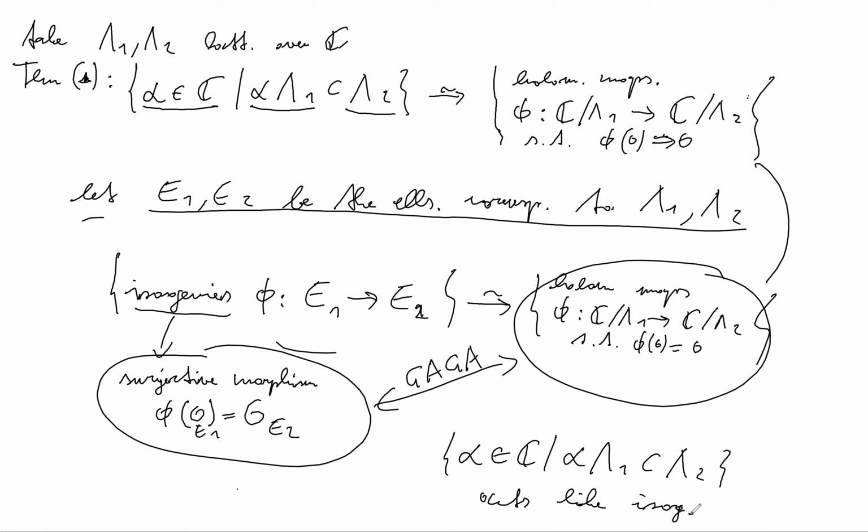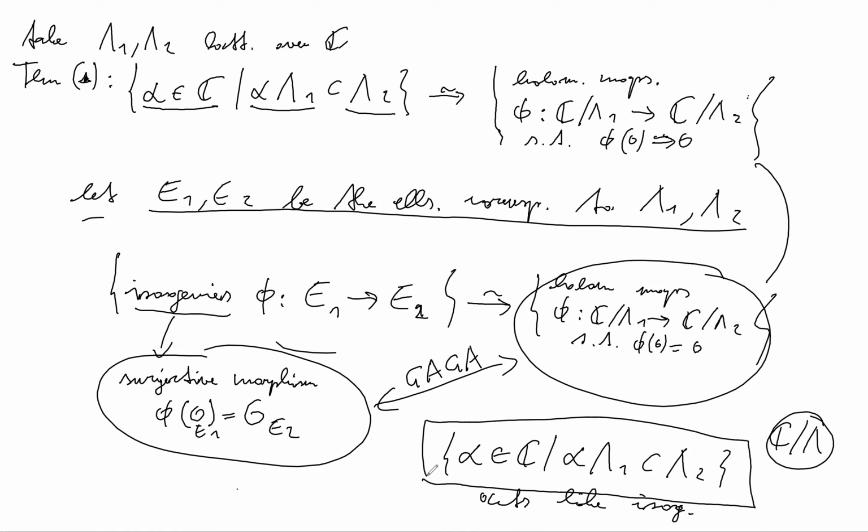And it actually turns out that if you consider the lattice C mod lambda, all the isogenies of this lattice, again some surjective map such that the origin is preserved, are really of this form. So these are really the isogenies of our torus. Okay, that's quite cool.